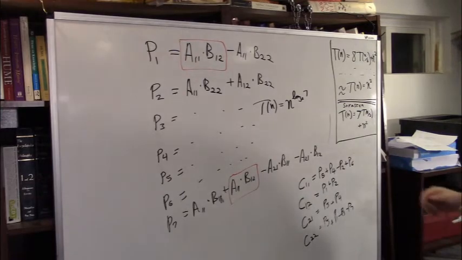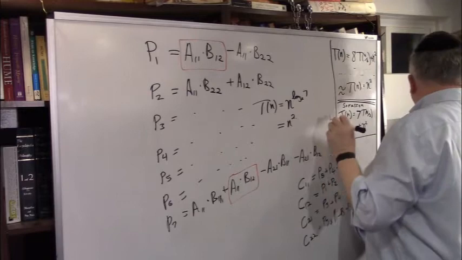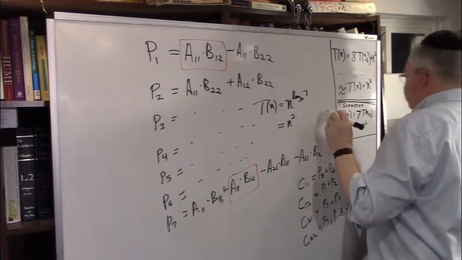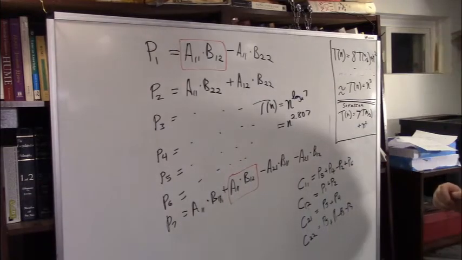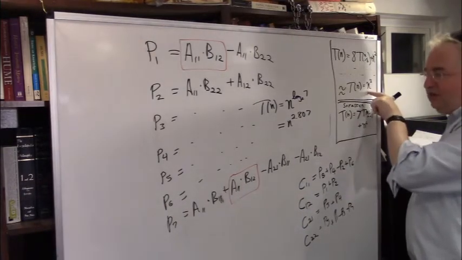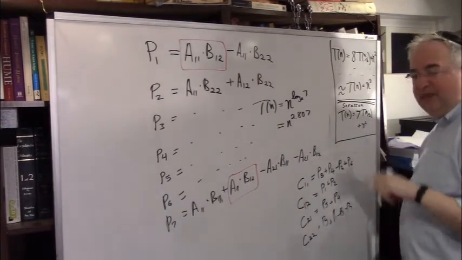Okay? Which equals n to the 2.807. Okay? Great. Let me just show you what happened. The standard algorithm was n to the 3rd. This algorithm is 2.807.